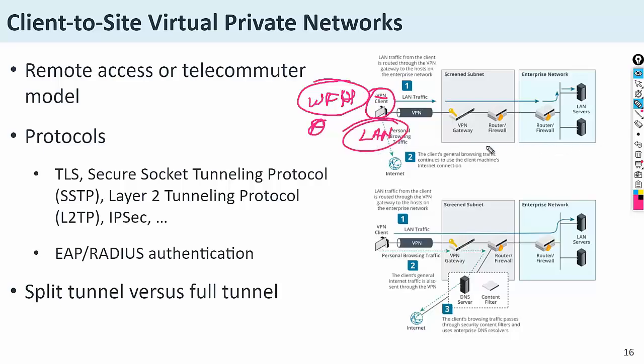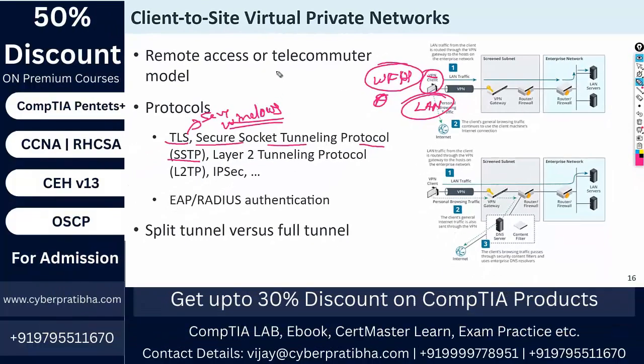So what protocols are used? TLS, Transport Layer Security, for security purposes. Another is Secure Socket Tunneling Protocol, or SSTP. This is based on the Windows operating system, meaning when you are creating a VPN inside the Windows operating system, SSTP is working.